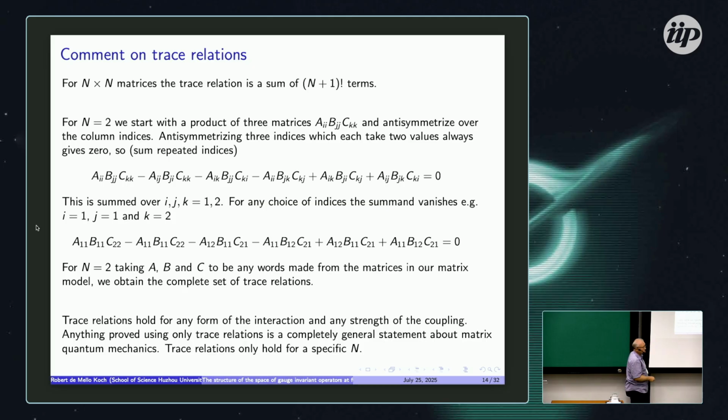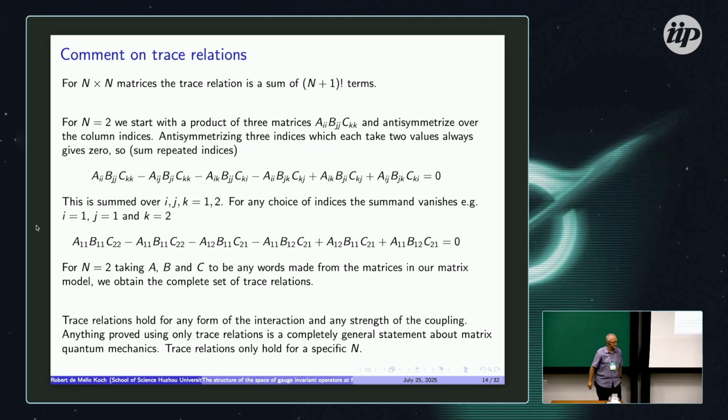For the last term, for example, I first swapped I and J, and then I swapped I and K. I did 2 swaps, so that's a plus. So all I've done is anti-symmetrize the column indices. If you anti-symmetrize 3 indices that each take only 2 values, you're going to get 0. So that's why this vanishes.